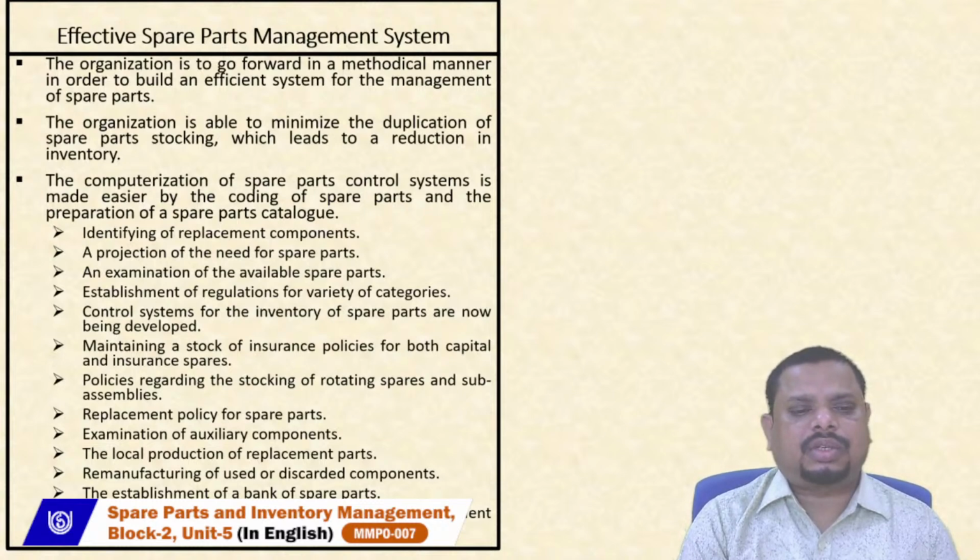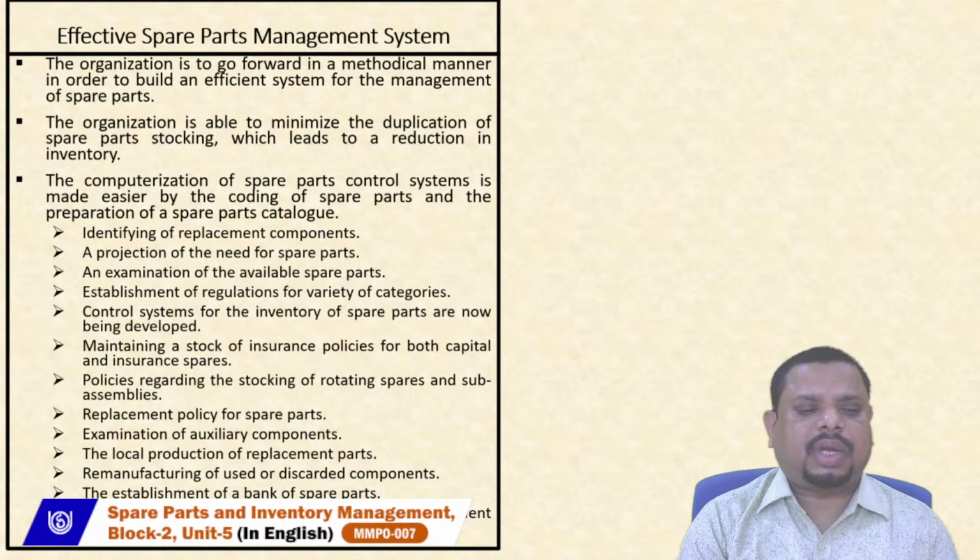Then the control system for inventory of spare parts is now being developed. Then maintaining a stock of insurance policies for both capital as well as insurance spares. Then policy regarding stocking of rotating spares and sub-assemblies. The next is replacement policy for spare parts.